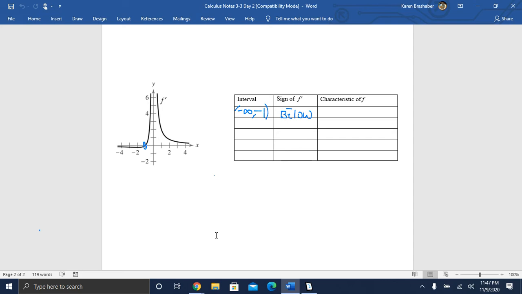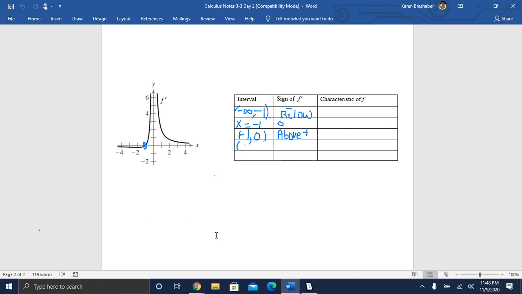And then at x equals -1, we have an x-intercept. So your y is 0 for f prime. And then from -1 to 0, your derivative is above the x-axis. It's a positive sign.